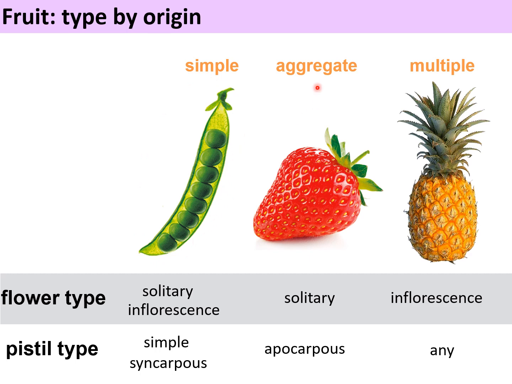The second type is the aggregate fruit. The aggregate fruit, or compound fruit, contains seeds from different ovaries of a single flower, with individual fruitlets, and the individual fruitlets join at maturity to form a complete fruit like this.